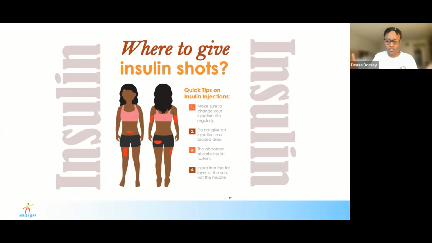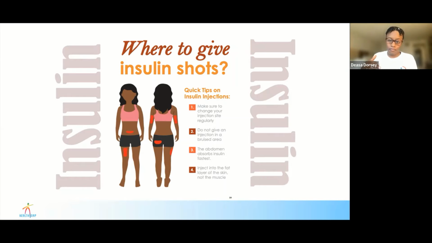But their blood sugars were still high. Well, then it was my job to figure out why they were still high. So when they came in telling me where they were giving insulin, I'd say, bingo, that's why. It's because you're giving insulin in the wrong place. So guess what's happening? The insulin is ineffective, not only ineffective, but dangerous. So it's very important to know where to give insulin.